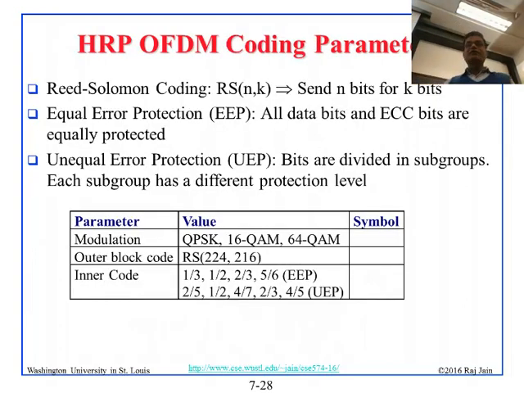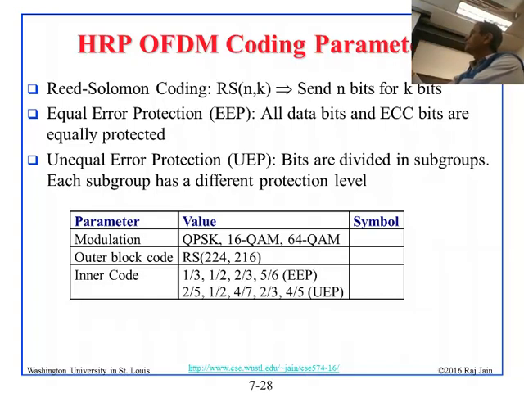All right, now let's go to the coding. We have discussed coding, but just to be clear about it, we have 3 codings. First is the middle one, which is called the outer block code, which is Reed-Solomon 224,216. There are many codes, and Reed-Solomon is just one of them.